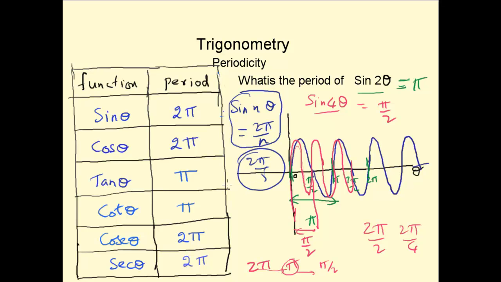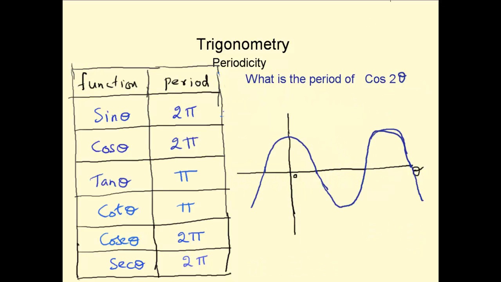Similarly, if you take cos theta, the plot of cos theta is something like this. This will be minus pi by 2, this will be plus pi by 2, this is 3 pi by 2, and so on. Now what is the period for cos theta?